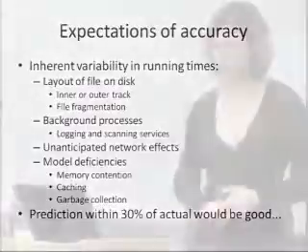Okay, that seems great, but actually there's a lot of issues in reality, and we don't have high expectations of accuracy. To start with, even where the file is on disk can really change how long it takes to read 256 megabytes of that file. Fragmentation can really mess things up.